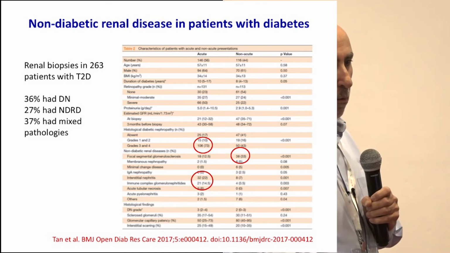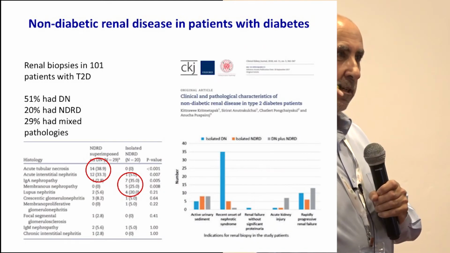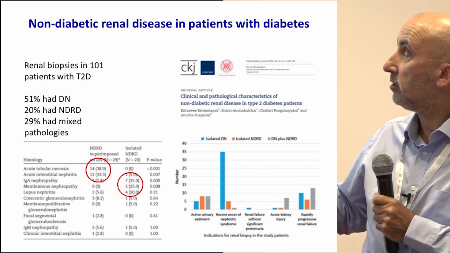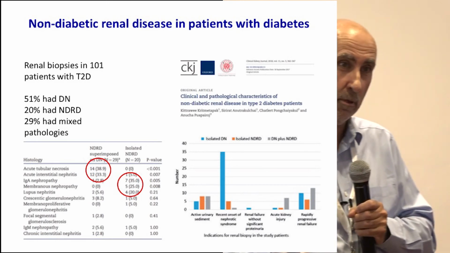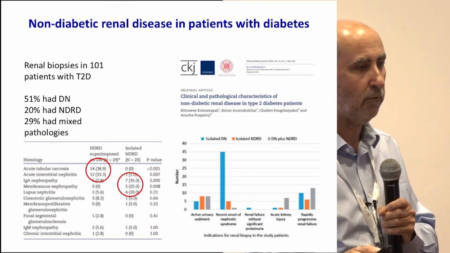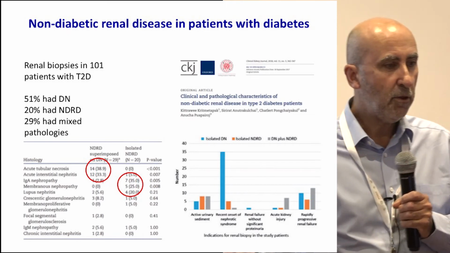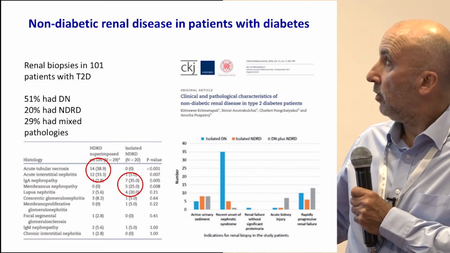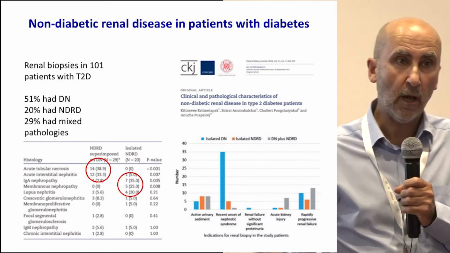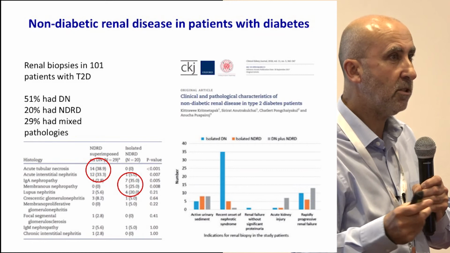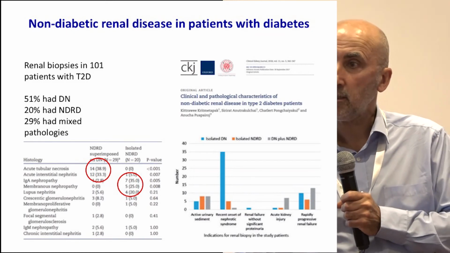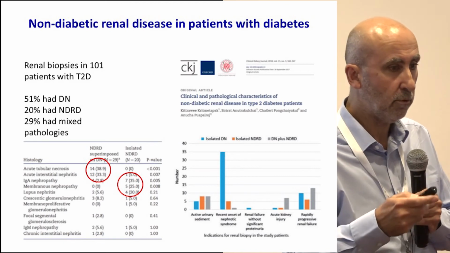What about the association between conditions and the presentation? So this study here divided the presentation into acute and non-acute. So acute being the acute nephrotic or the acute deterioration in renal function. In the non-acute presentations, the most common pathology was FSGS. And this isn't surprising, a secondary FSGS associated with a hypertensive, obese diabetic.